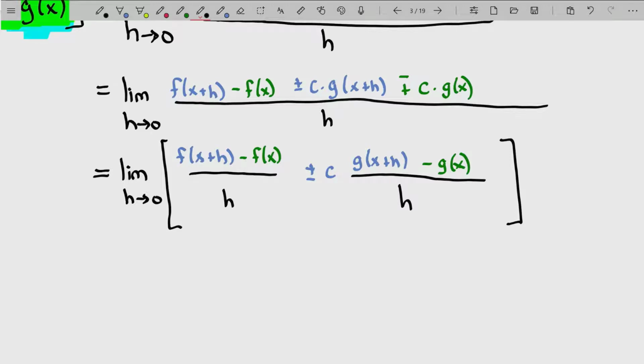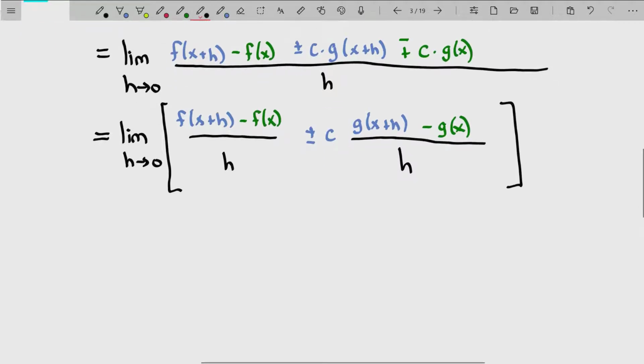Now that our arithmetic is done, I'm going to use the limit laws here. We have one, maybe two specific limit laws that we're going to use. The first one is the limit law that allows us to break a limit across addition. So I'm going to split this across addition here.